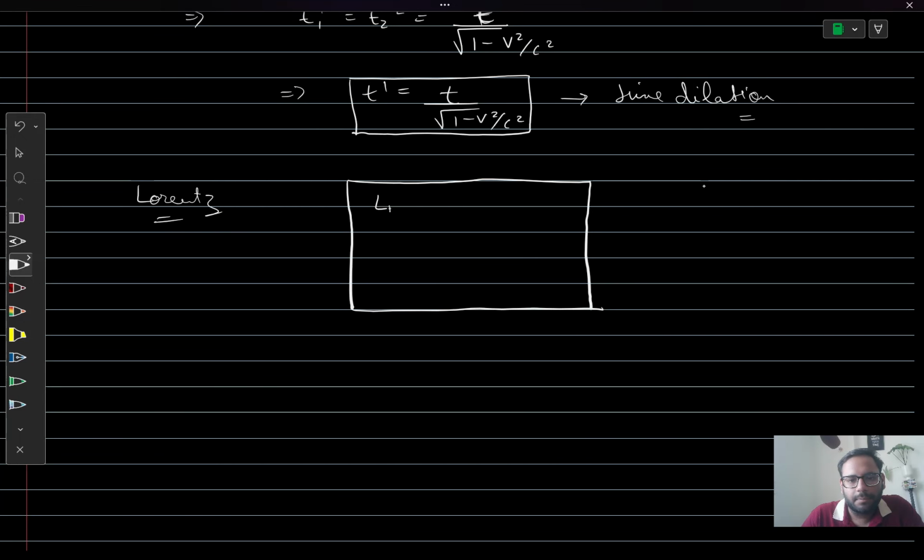In the parallel motion, my L parallel gets contracted. In the perpendicular motion, there is no effect. And my T prime is being dilated. Then we can reconcile with the results of the Michelson-Morley experiment.